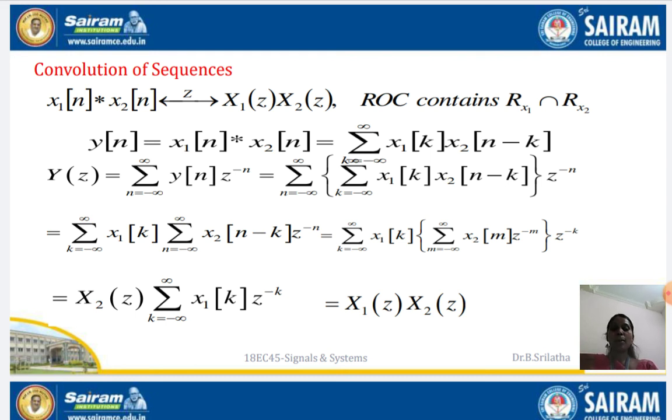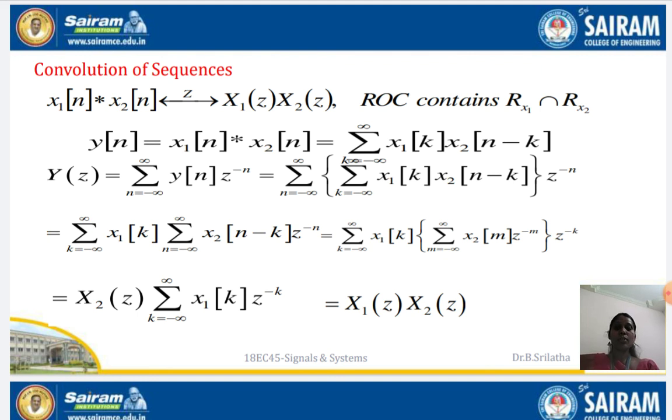If you compare this expression with the z transform definition, we can write directly that this is the z transform of x2 of k. Correct. The remaining expression is summation k equal to minus infinity to plus infinity x1 of k into z power minus k, which we can also write directly as the z transform of x1 of k.